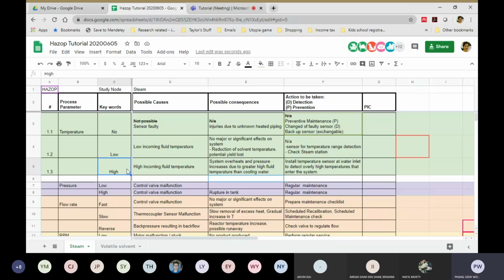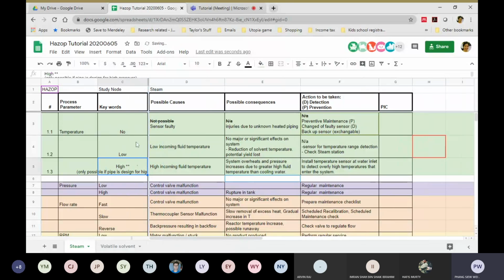So what you can do here, if I were you, is put an asterisk: only possible if pipe is designed for high pressure. You can put that because as an engineer, sometimes we are not sure what the designer has put in. Maybe they have already designed high pressure pipes and we didn't know about that, or maybe not.